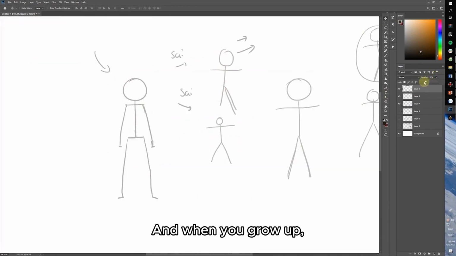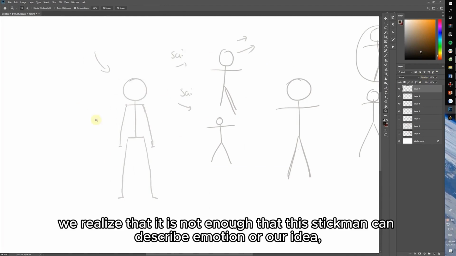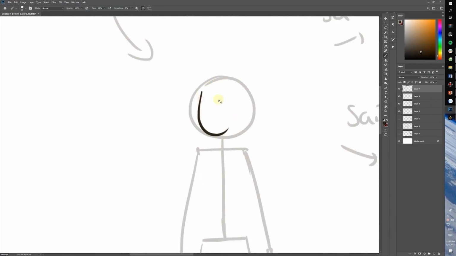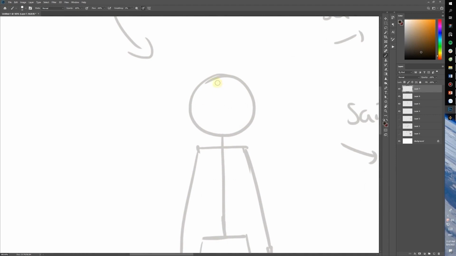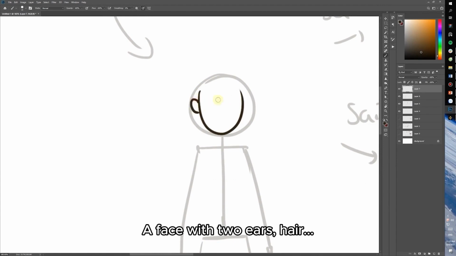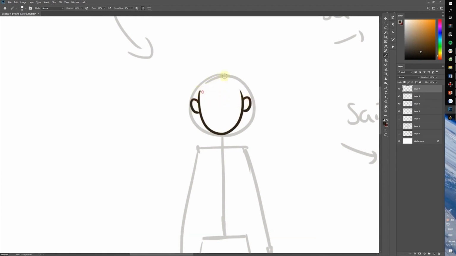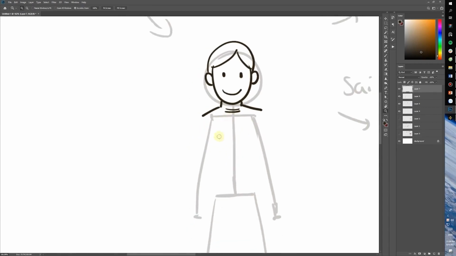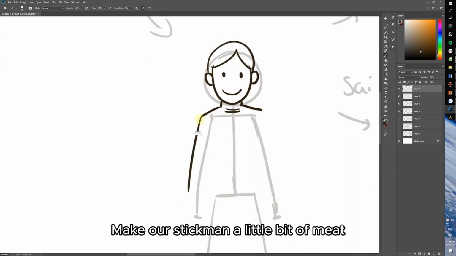And when you grow up, we realize that it is not enough that this stickman can describe emotion or our idea. Then we think about drawing a face. A face with 2 ears, hair, 2 eyes and a lip, and a neck. Make our stickman a little bit of meat.